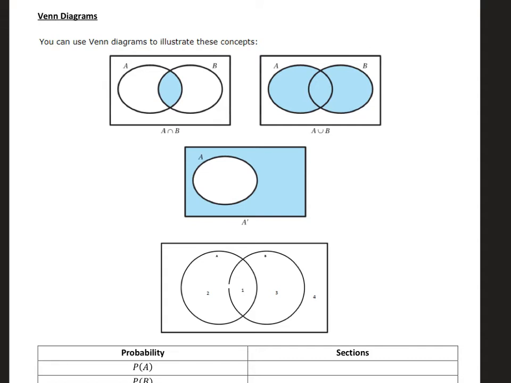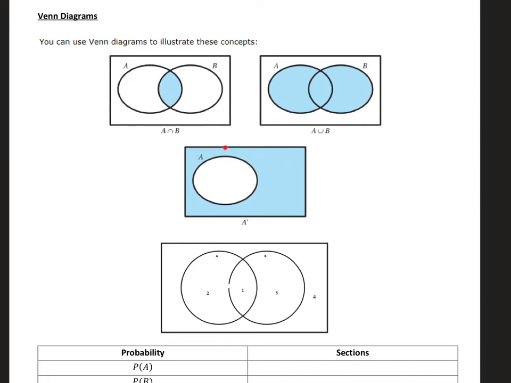Now, that first diagram, the bit that's shaded in is the bit that's A and B, so the intersection, the middle bit, that's where we put the probability of A and B. If all the circles for A and B are coloured in, that's the event A or B, A union B. So look, that's A, B, and both. So this part of it is just A. This little part of it is just B, and this middle is A and B.